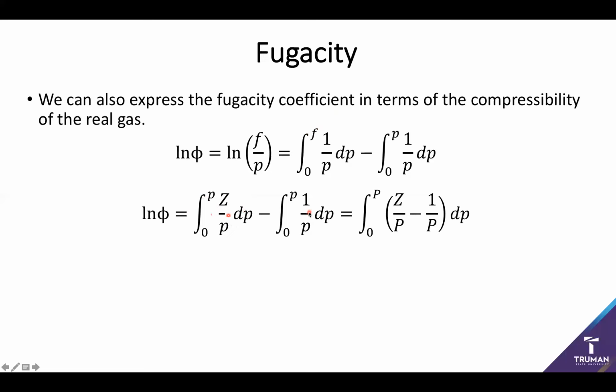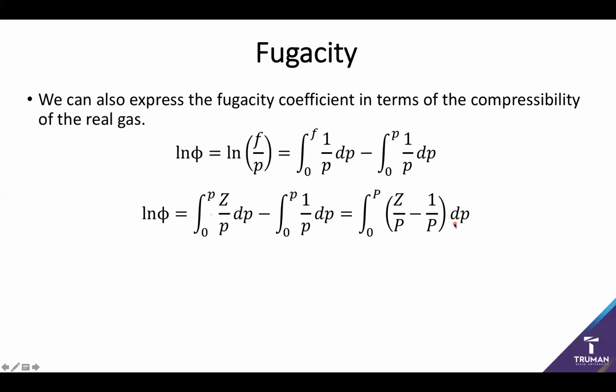Now, these two integrals are exactly the same except for this Z expression. So we can generate the natural log of our fugacity coefficient in terms of the integral from 0 to P of our compressibility factor minus 1 over our pressure, dP.